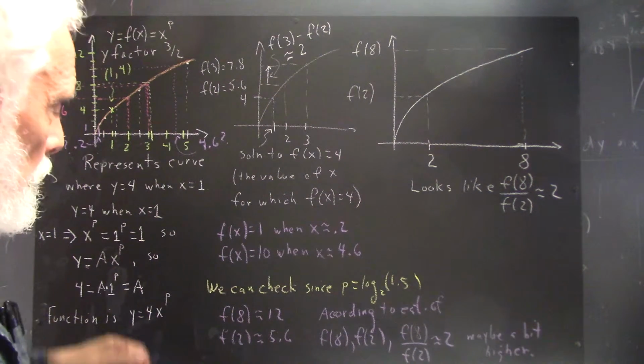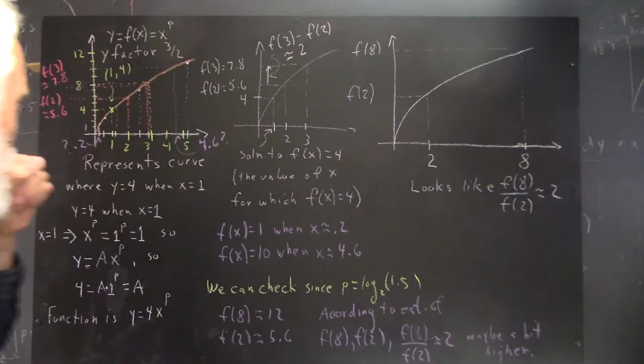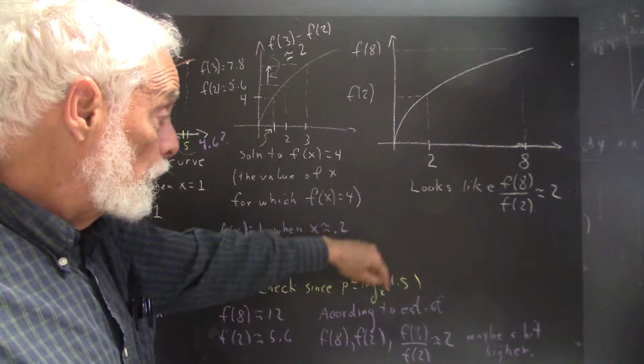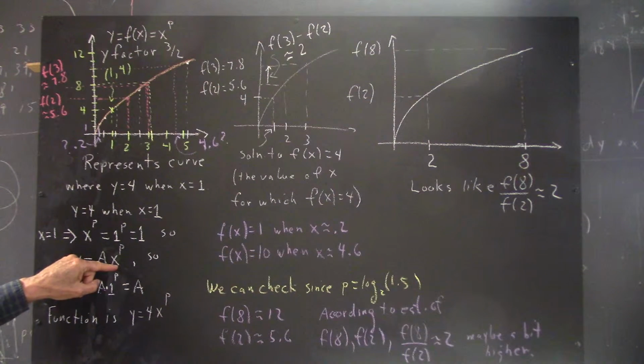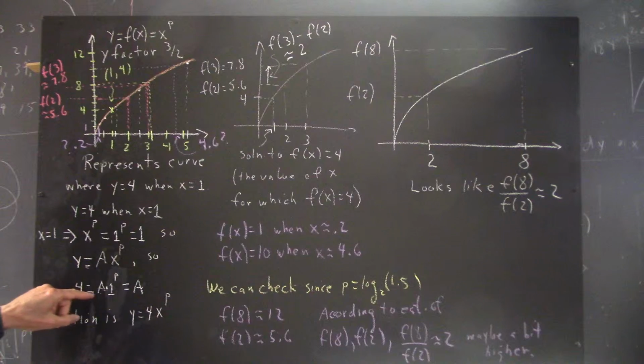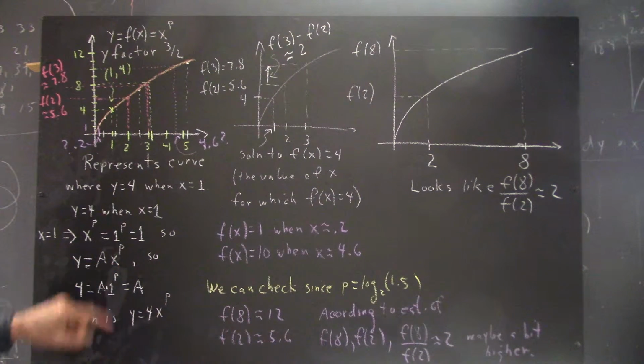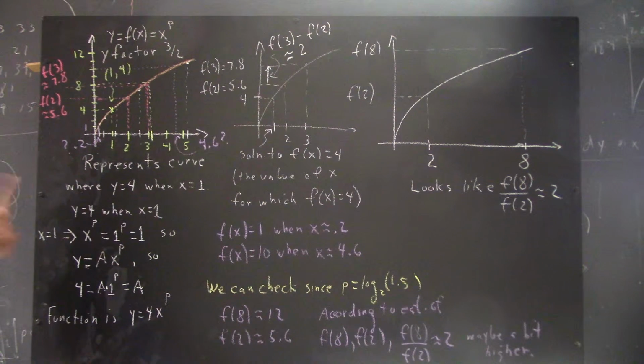Now, I'll comment. We know that p is log to the base 2 of 1.5. If the point 1, 4 lies on the graph, that means we have y equals a x to the p, where y is 4 when x equals 1. So 4 equals a multiplied by 1 to the p. 1 to the p for any power is 1, so that's just a, so a equals 4.